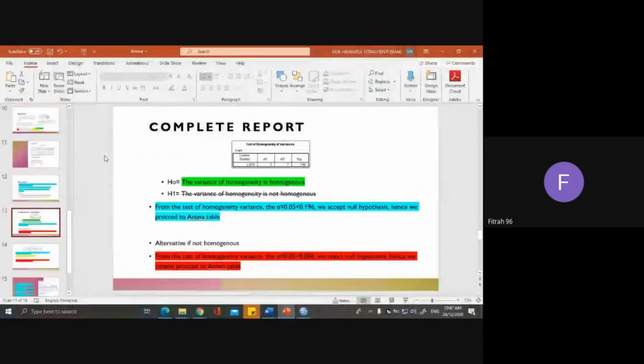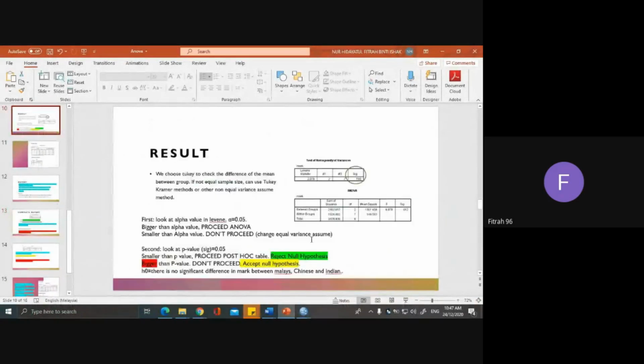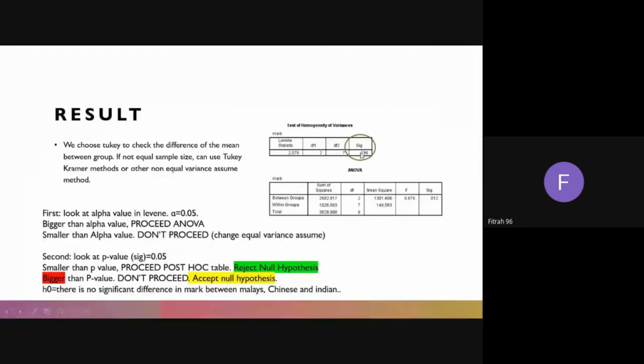So macam mana nak tahu kita achieve H0 ataupun tidak? We have to look at the Sig. Here, kalau it's bigger than alpha value 0.05, we proceed to Anova table. Maksudnya kita akan accept null hypothesis, which is the population variance is homogeneous. Okay, I ulang. The first step, look at Sig.